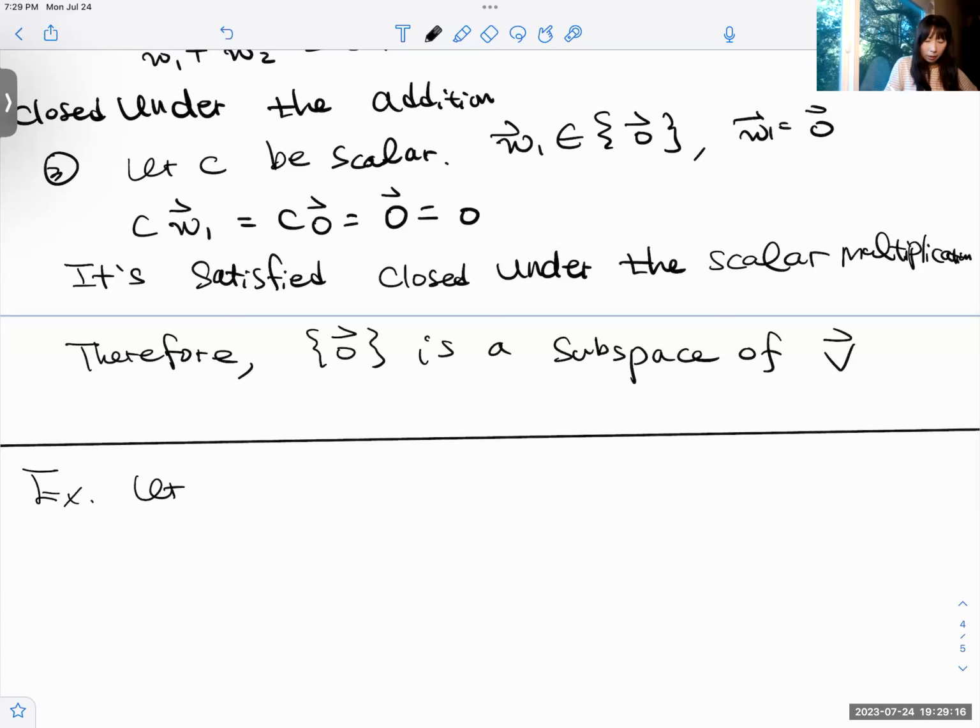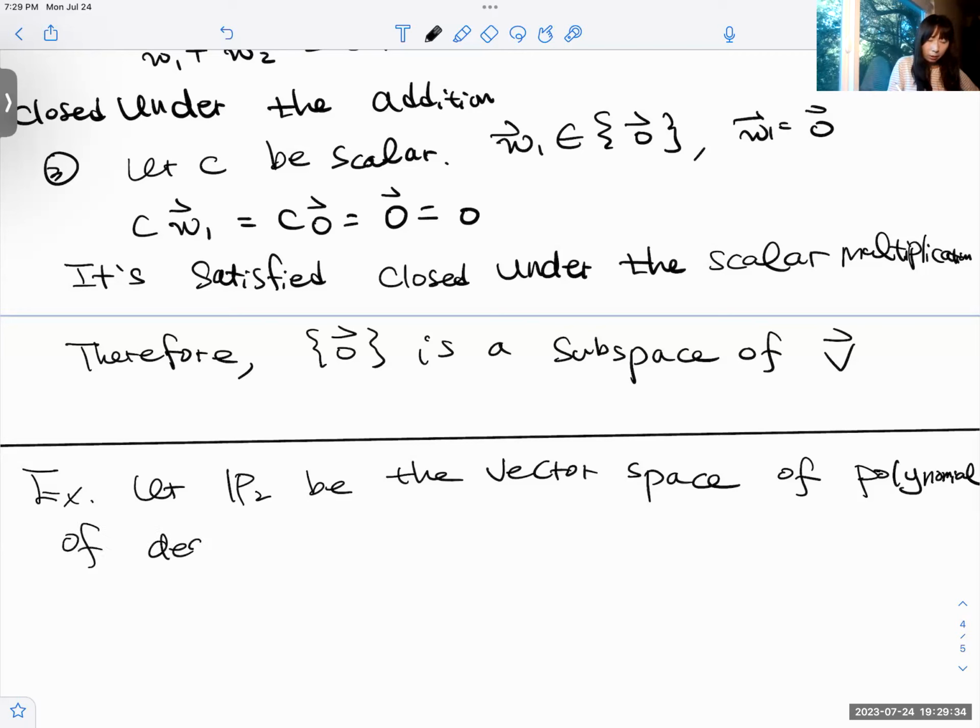Okay. Let polynomial degree 2 be the vector space of polynomials of degree 2 or less, because they said at most or no more than 2, right?